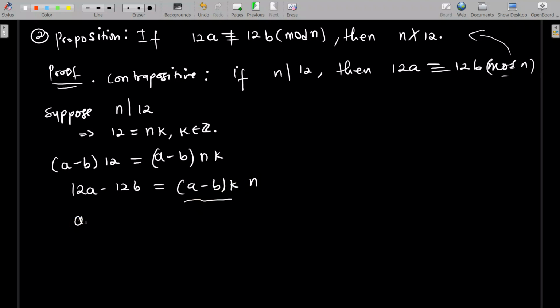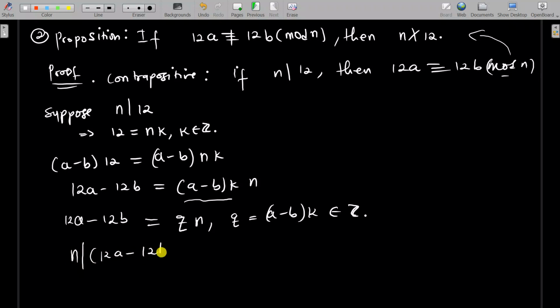So I'm going to have 12a minus 12b equal to some integer q multiplying n, where q is equal to a minus b multiplying k, an integer, right? So I have this relation. This is definitely the idea that n divides 12a minus 12b.